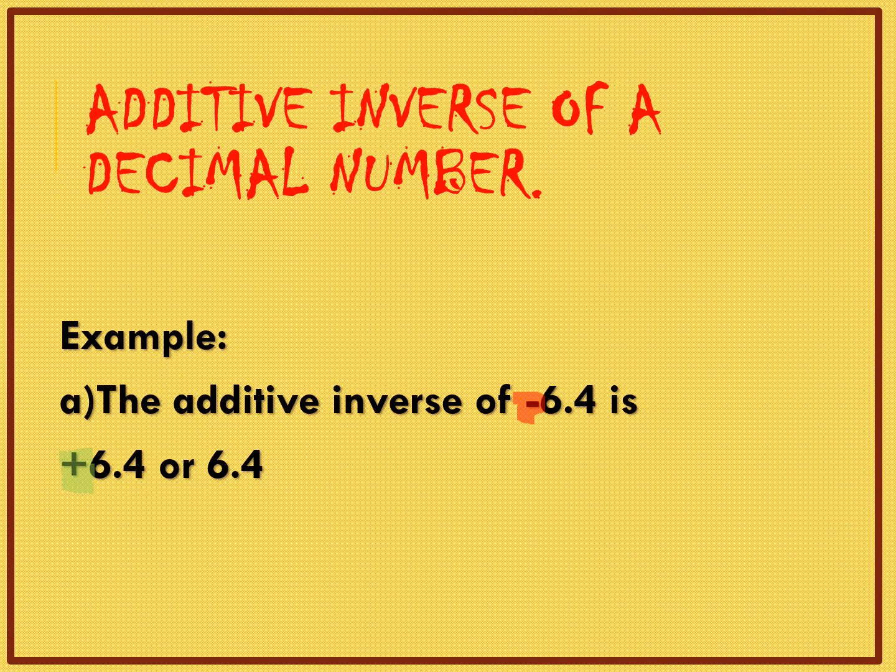That's it. Whether it is a natural number, a whole number, a fractional number, a rational number, or a decimal number, if there is a plus sign and you want to find the additive inverse, the answer will be minus. And if there is a minus sign, you will convert it into plus. I hope it is clear to you now.